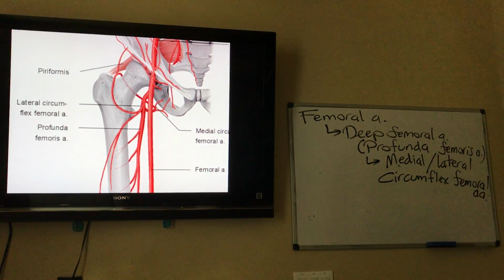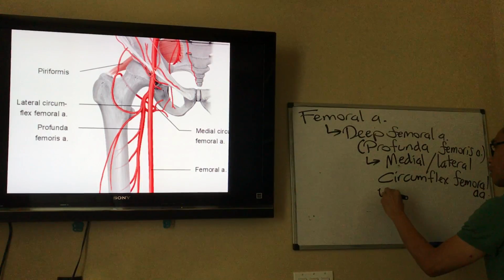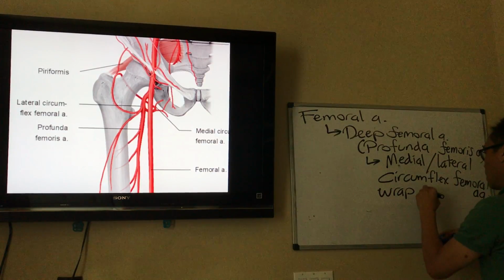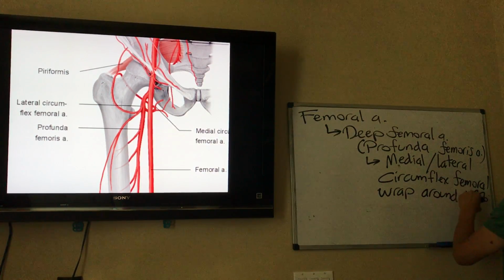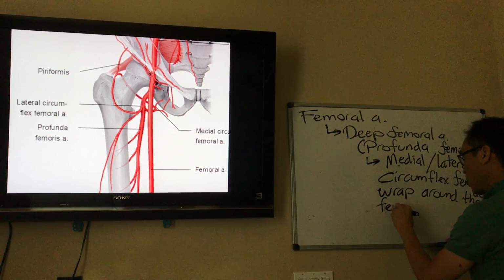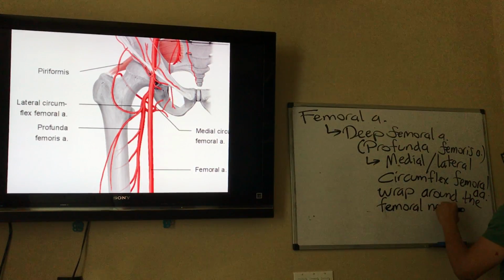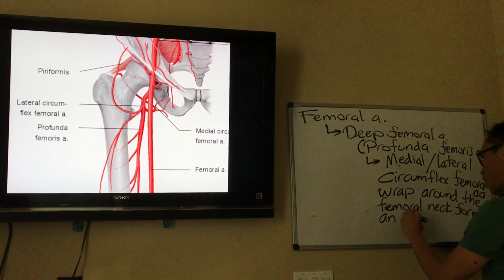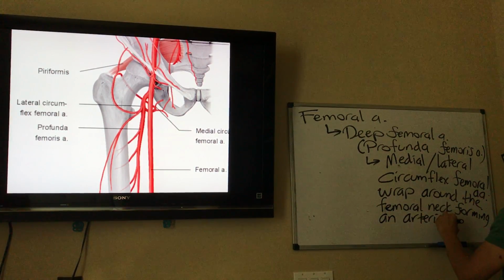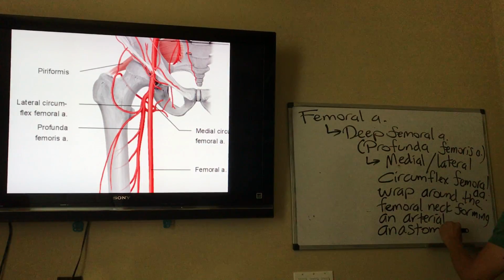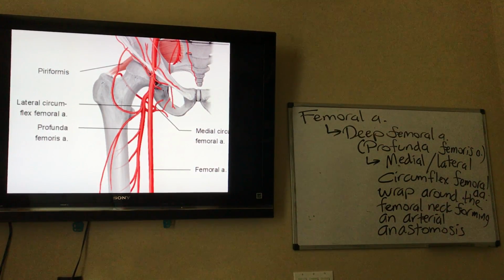And what I had said was they wrap around the femoral neck, forming an arterial anastomosis. That's when you get one artery running into another artery.